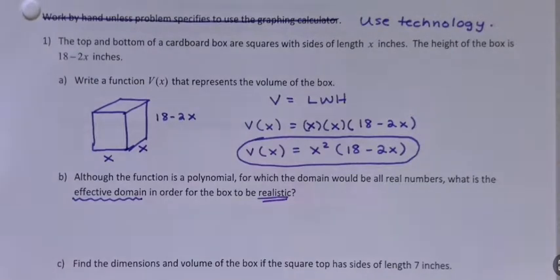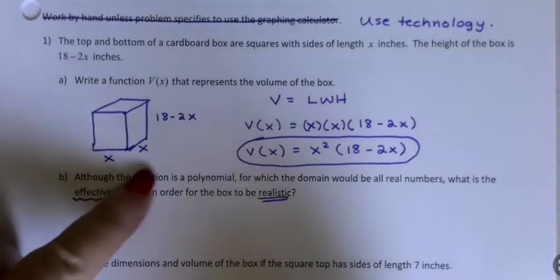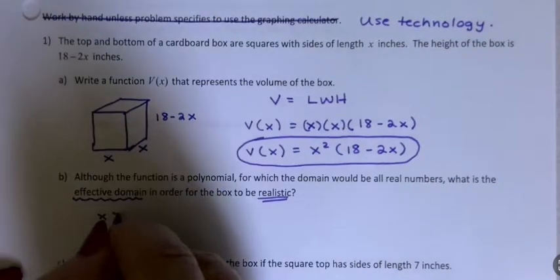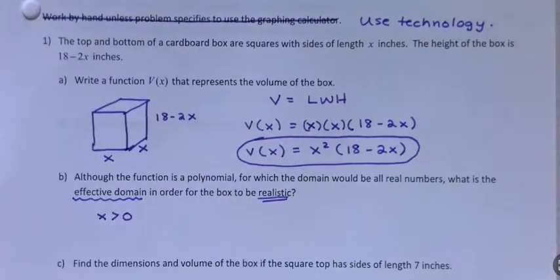Well, hopefully you'll agree with me that in order for the box to be realistic, I have to have positive numbers for the length, width, and height. I can't have a negative dimension to my box. So for sure, x has to be greater than 0. That takes care of the length and width being positive.